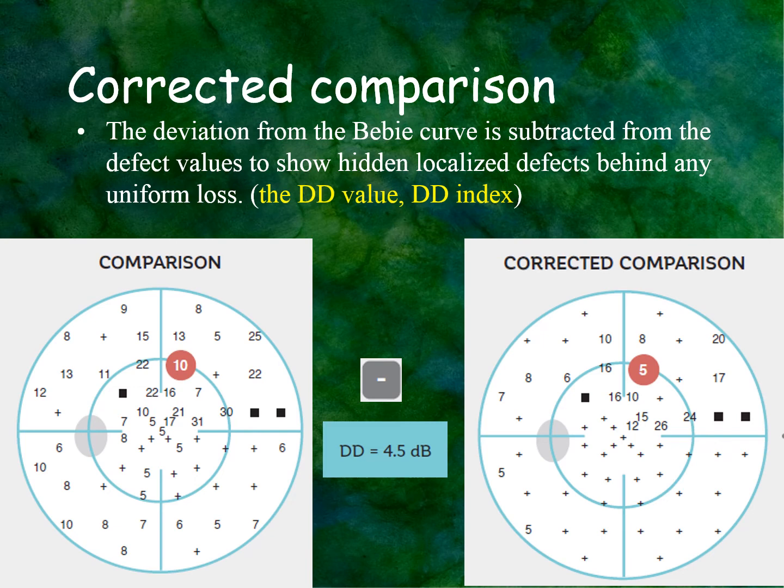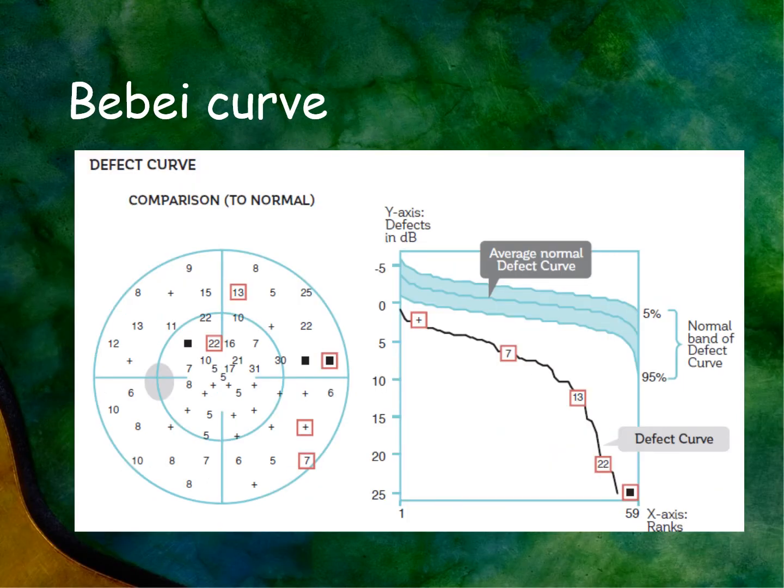To understand this, let us see what's the Bebe curve. The Bebe curve is comparing the deviation of the different locations from a normal person, and these points are arranged here on this curve.